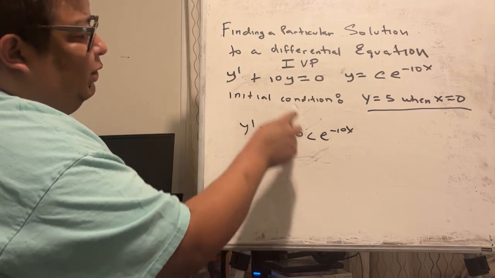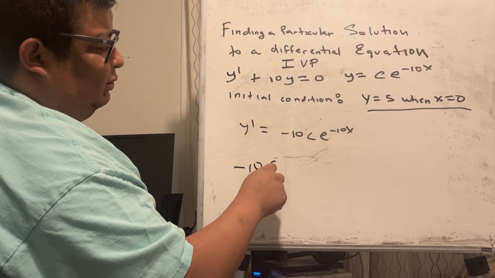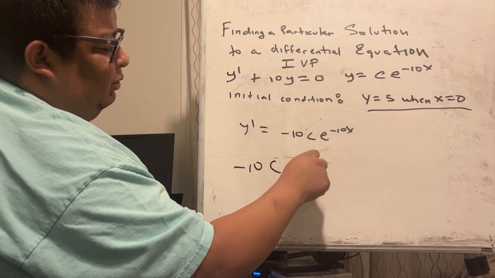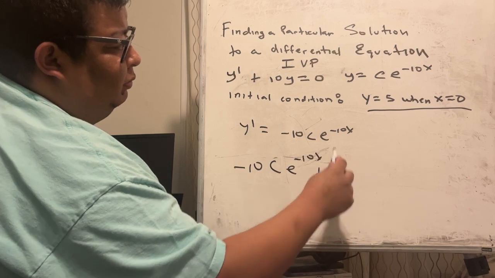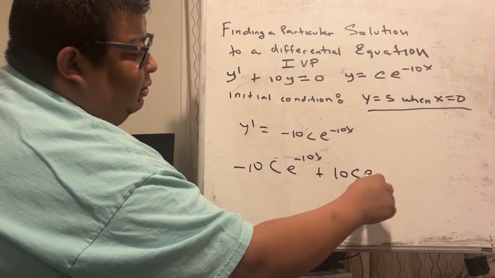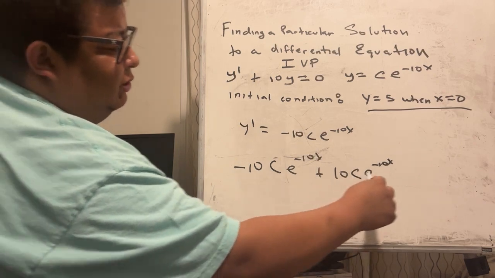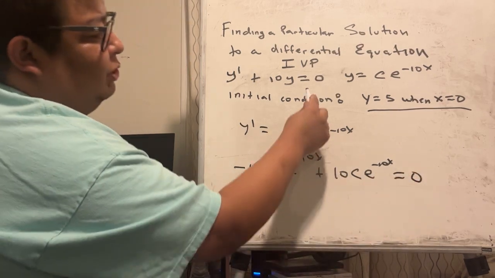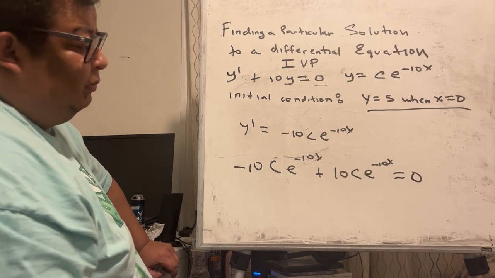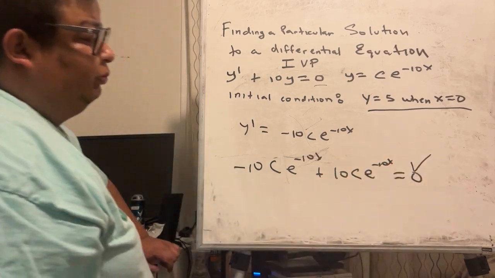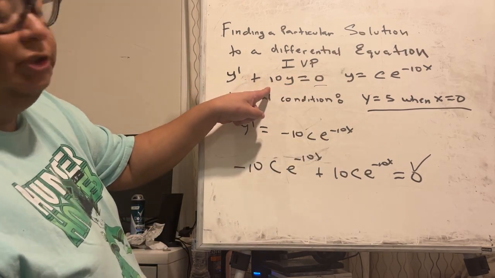Now if we plug it into the differential equation, we have negative 10 c e to the minus 10x plus 10 times c e to the minus 10x. This is equal to 0, which agrees with what we have here. So this checks out, and this is indeed the general solution to this differential equation.